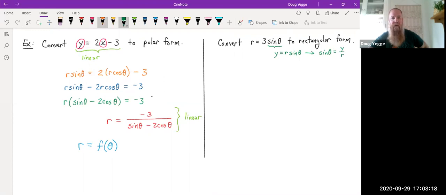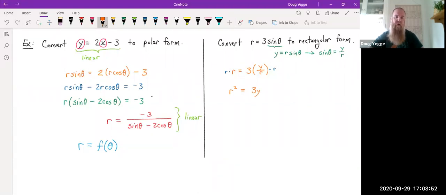So that might be a good starting point. Let's start by writing this as r equals 3 times y over r. Now we could rewrite r as the square root of x squared plus y squared. But if we did a little algebra here, if I multiply both sides by r, then this is going to give me r squared is equal to 3y.